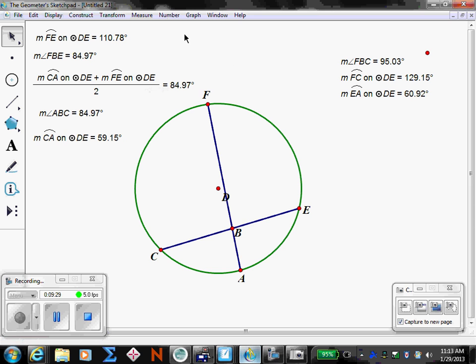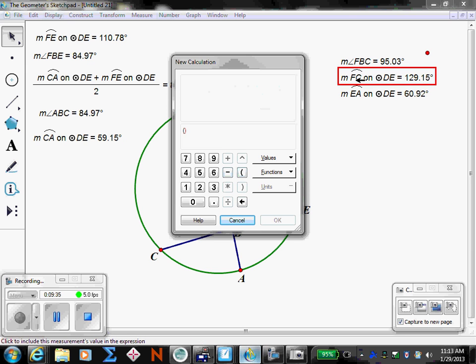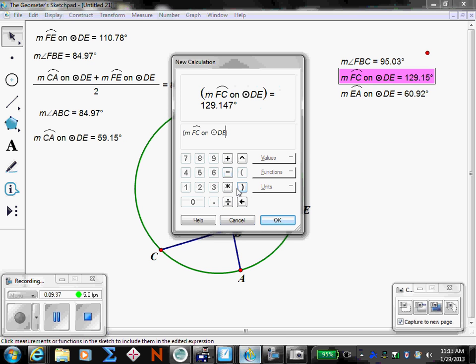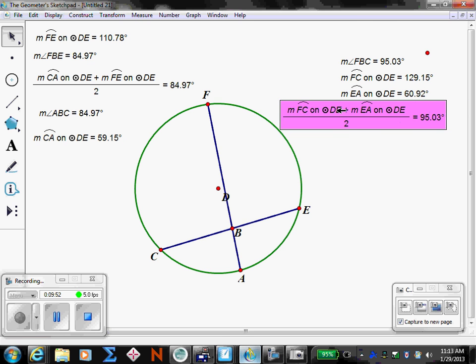And I'm going to pull up my calculator, and I'm going to take the 2 arcs and add them together. And then I'm going to divide it by 2. And lo and behold, I get 95.03.